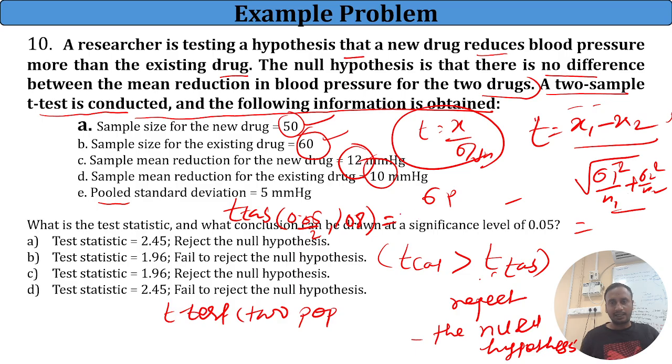This is the tabulated, critical value. What about the calculated one? That is around 2.09. So we have to reject the null hypothesis. Is it? So this is the answer. Yes, sir. Okay.